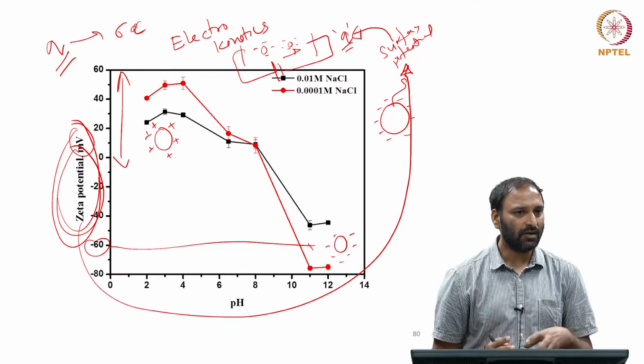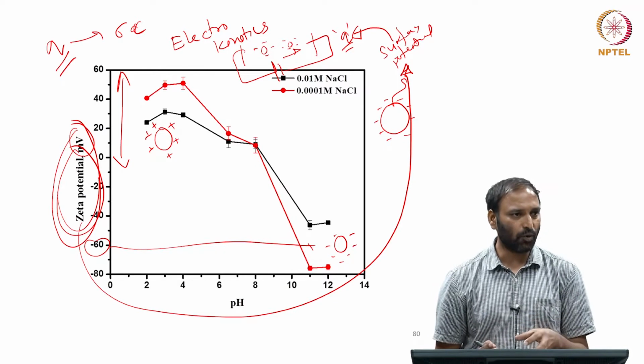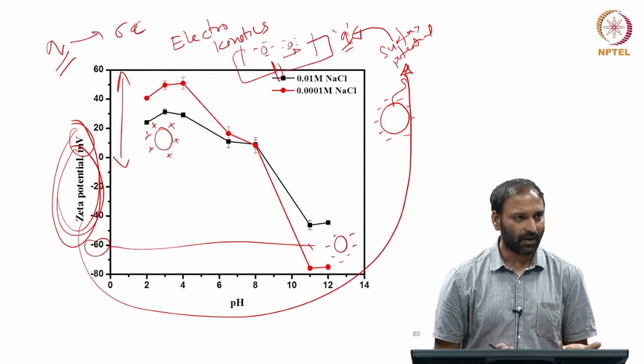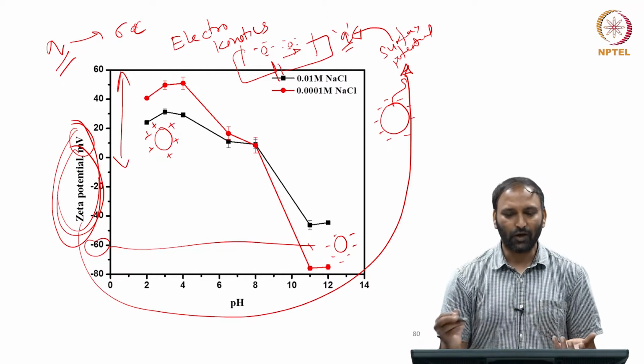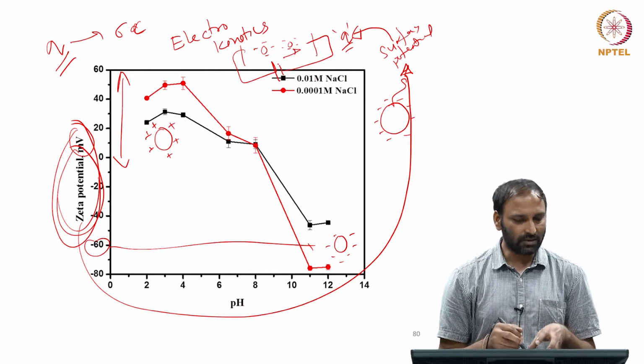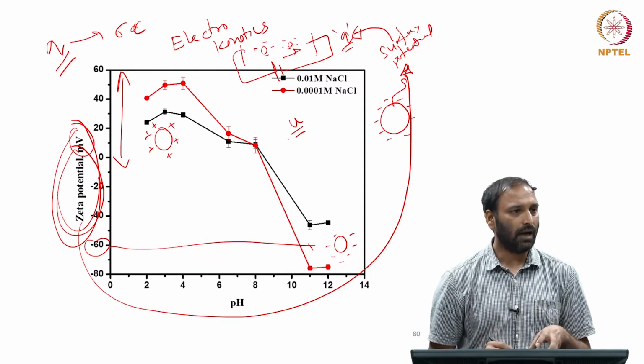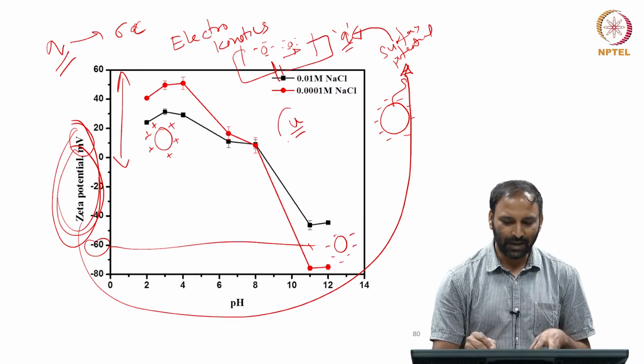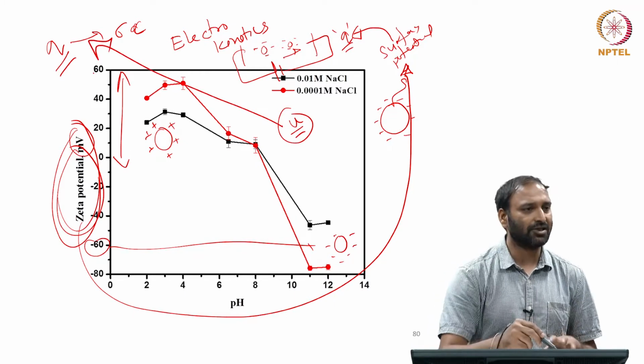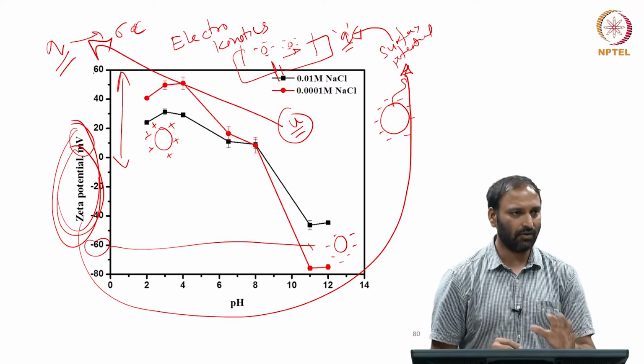Whenever you have a charged species, it responds to the electric field you apply, and depending upon the velocity with which the particles move, I can measure that velocity and from that back-calculate the charge on the particle. Let us put it that way at this point.